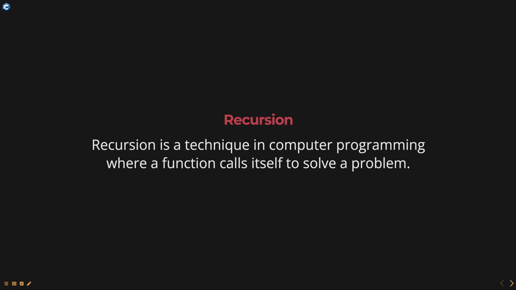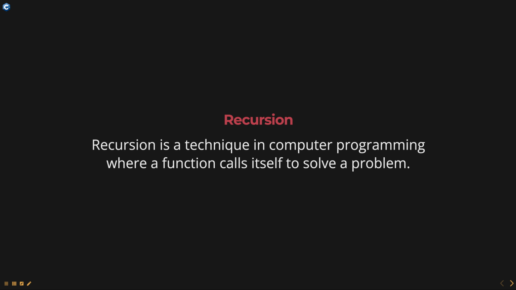Recursion is a technique in computer programming where a function calls itself to solve a problem. In other words, a recursive function is a function that is defined in terms of itself.